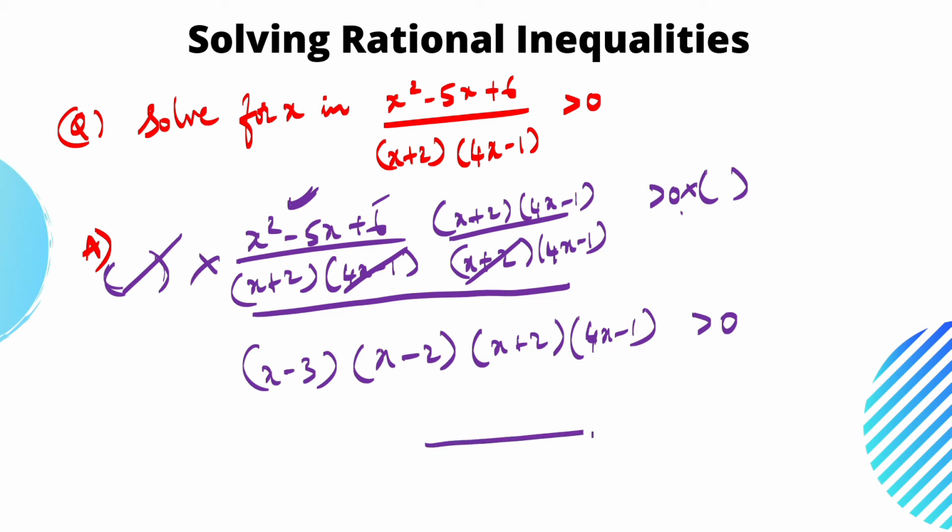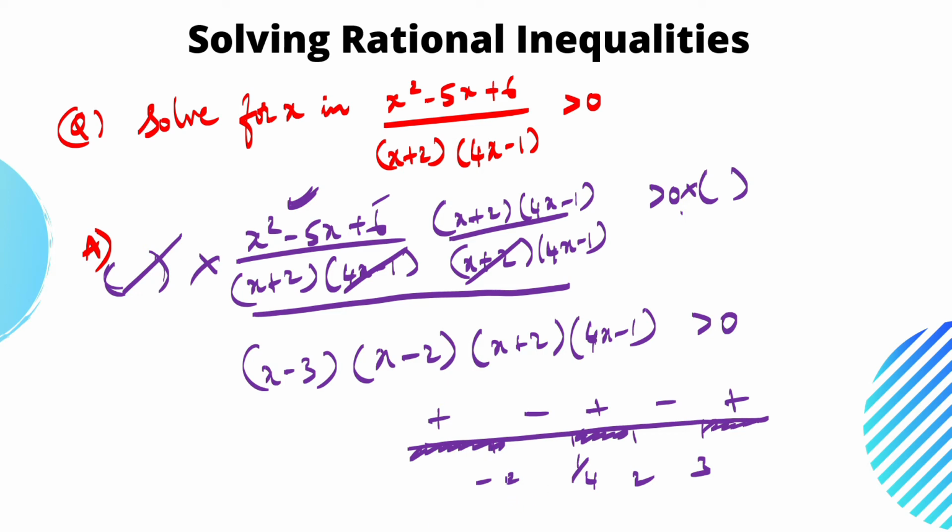If we plot this on a number line, what do we get? We get minus 2 here and 1 by 4 here, 2 and 3 will be here, right? The x power 4 coefficient is positive, so we can start with a positive sign. This is negative, this is positive, this is negative, and this is positive. We are asked to find out the greater than 0, so consider only the positive areas, this one and this one.